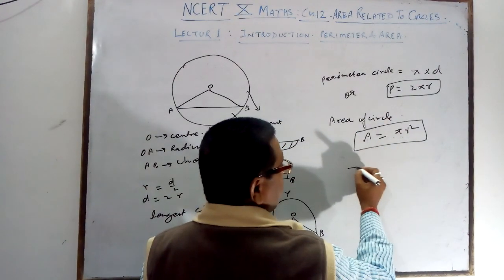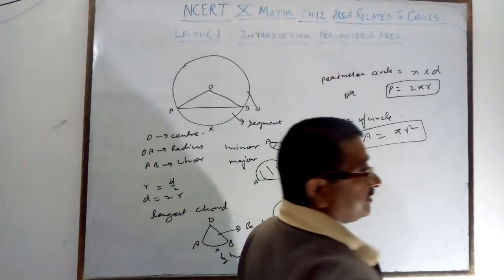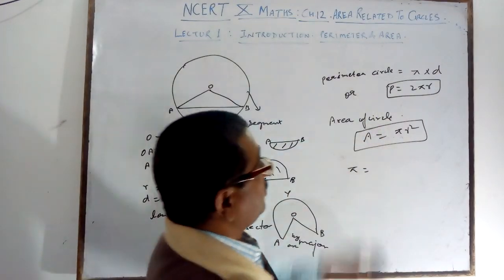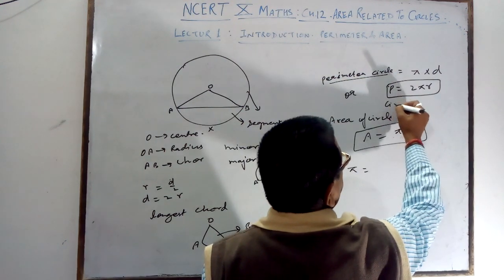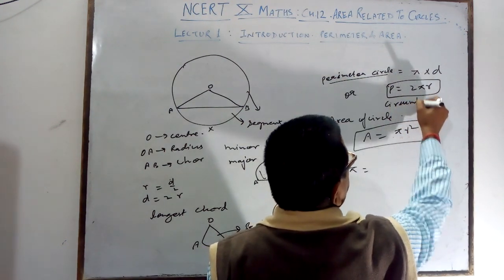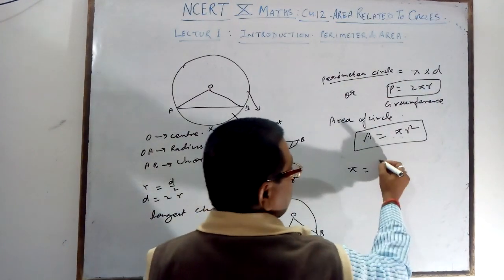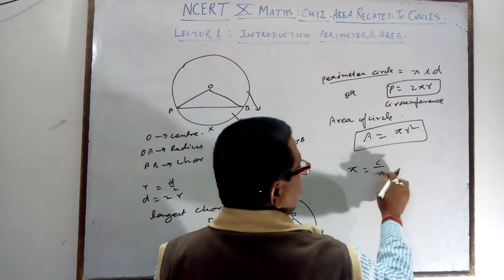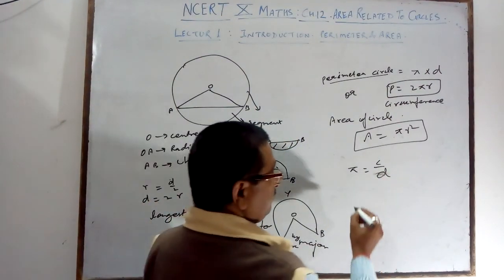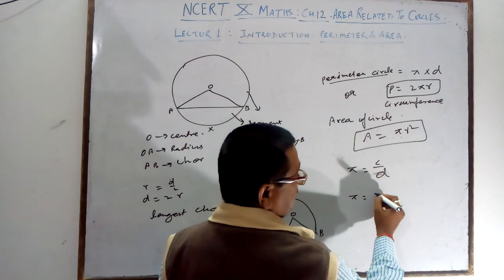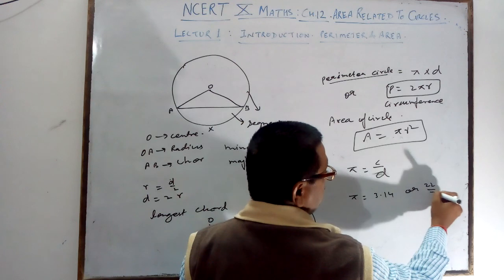And what is pi? Pi is circumference upon diameter, C upon d. The perimeter of the circle is called the circumference. Circumference upon diameter is a fixed value, so pi is taken as a constant, 3.14, or you can write 22 by 7.